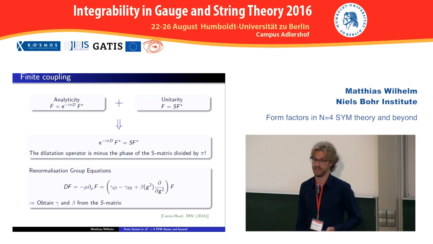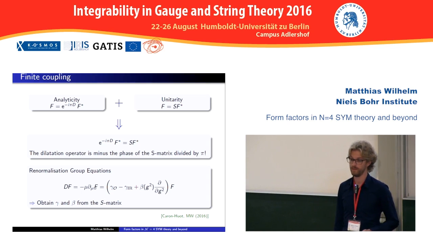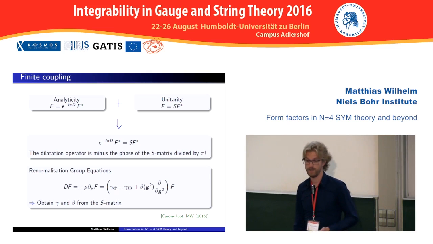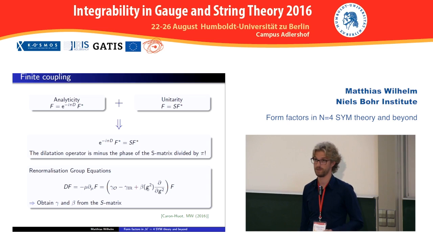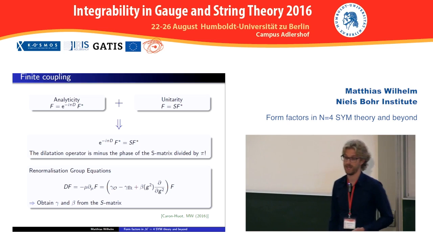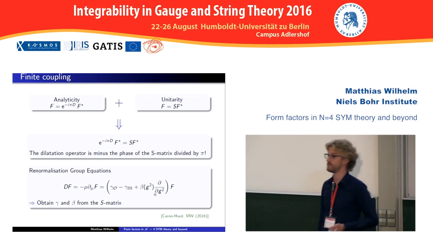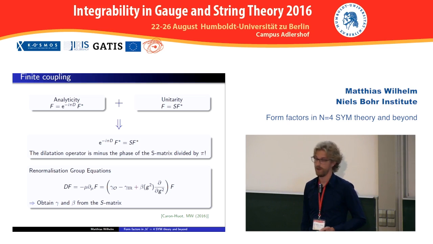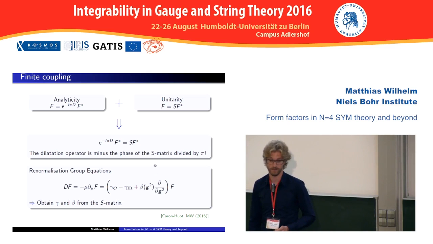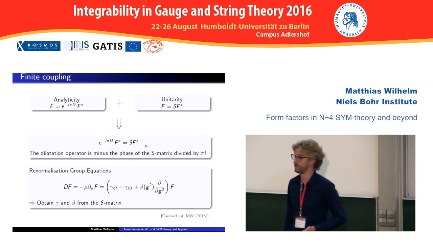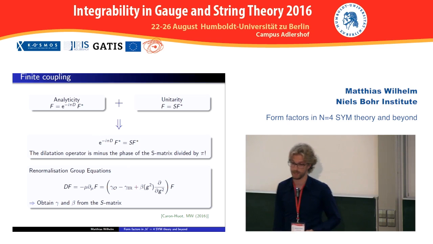From the renormalization group equations, we know that the action of the dilatation operator on a form factor is given in terms of the ultraviolet and infrared anomalous dimensions as well as the beta function. So we can obtain these quantities from the S matrix. I should also mention that we are strictly speaking omitting CPT transformation in this equation, as Amit has kindly pointed out to us.